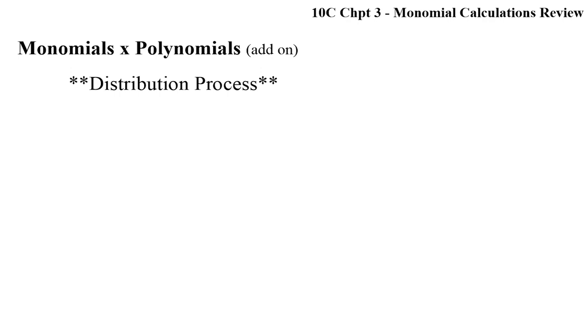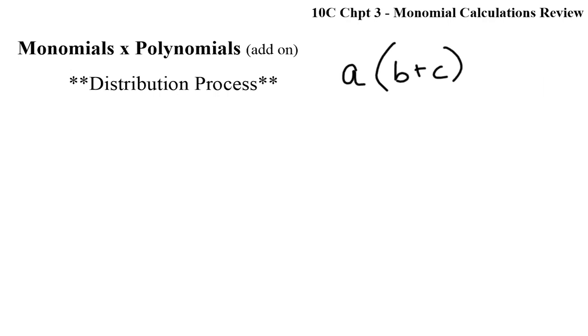This monomials times polynomials is a bit of an add-on. If you want, I suggest you turn to the back of your booklet. Page 28 is where you're going to find this question. So 28, here's where we have a monomial times a multi-term polynomial.